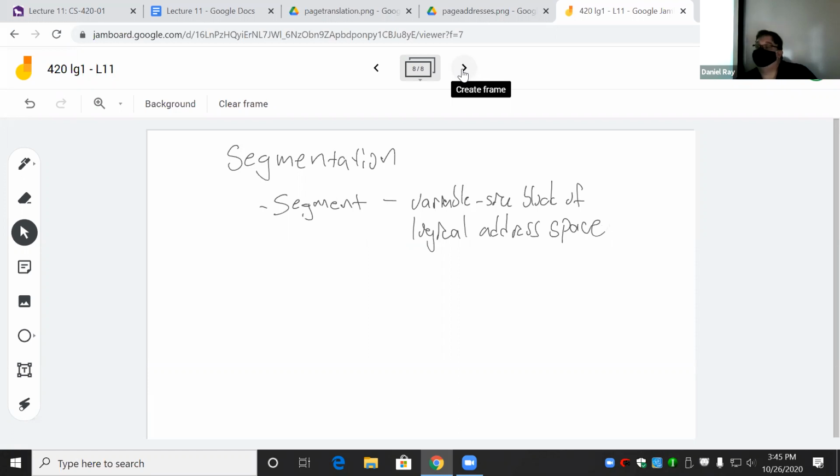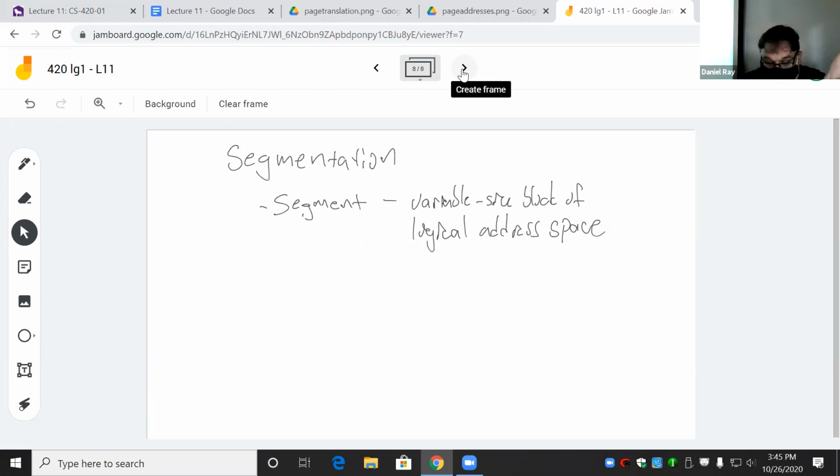Yeah, the segment can be non-fixed size, and the page is set. All right, so let's get rid of, just for a second, this notion that we're going to be moving page-sized chunks in and out of RAM. Instead, let's think about moving entire segments in and out of RAM.